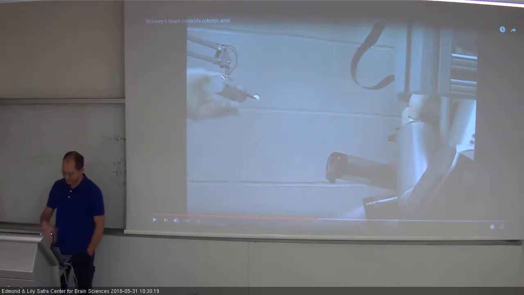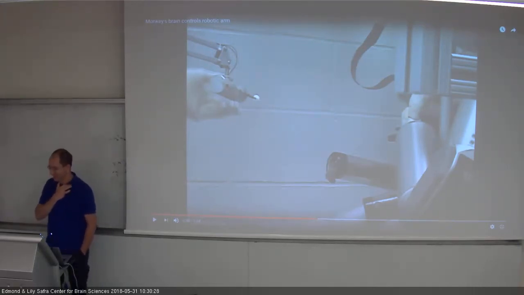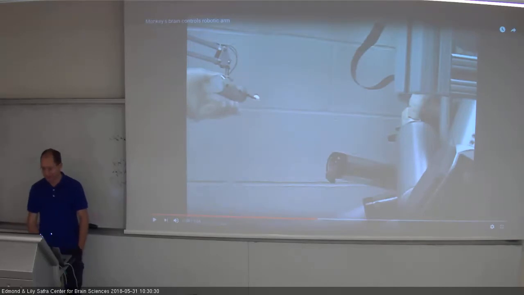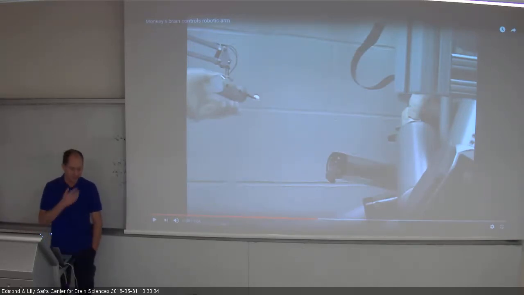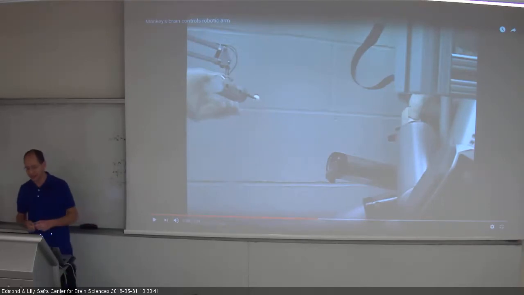Okay, and you can go. I'll put this on the web. You can go and look at it. One thing that should, as critical people, make you a little bit skeptical is that, if you look carefully, he is moving his other hand, right? So the question is, what are we actually doing here? Is it really no movement at all in monkeys?